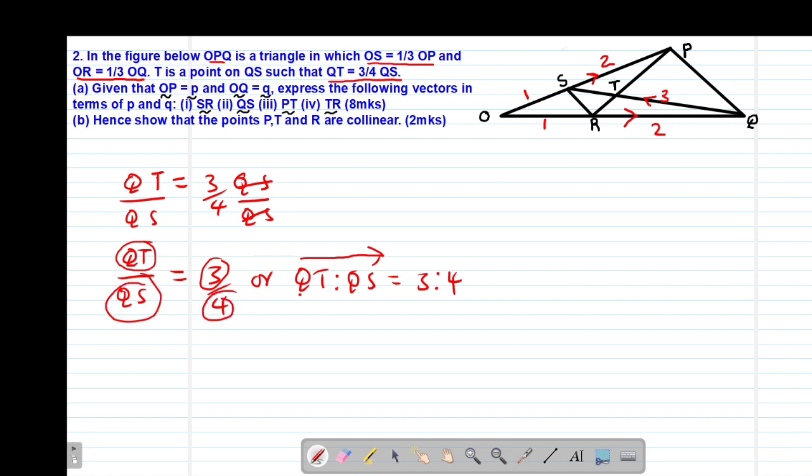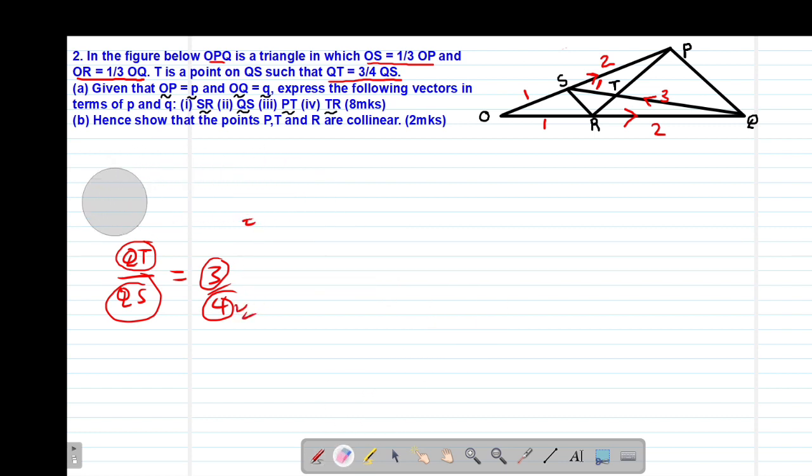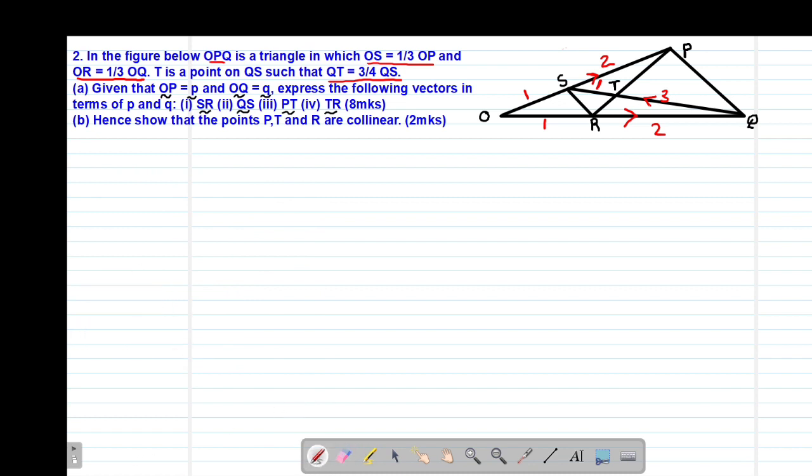Now remember, Q to S is the total line. So for me to get a total ratio of 4, if this is 3, this one must be 1, so that when you take 3 plus 1, you'll get a total ratio of line QS being equal to 4. So that is how we interpret the ratios if they are given in this particular manner.